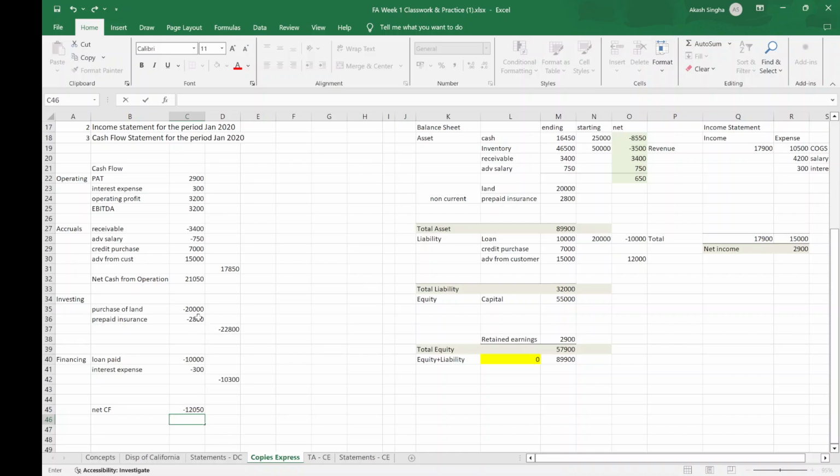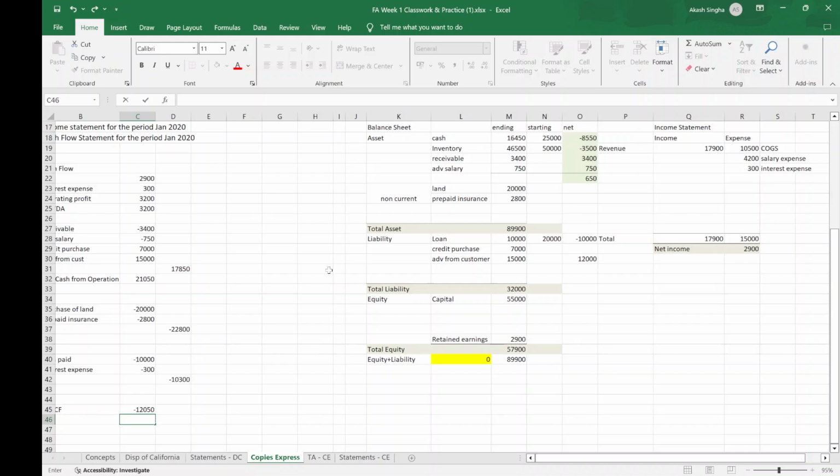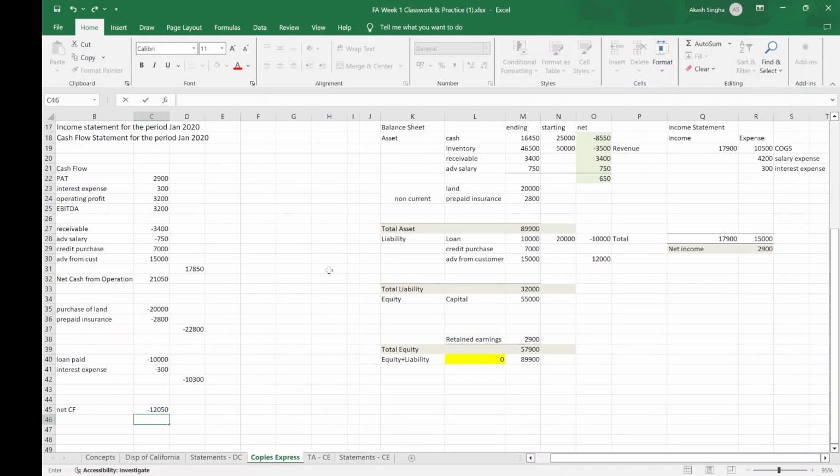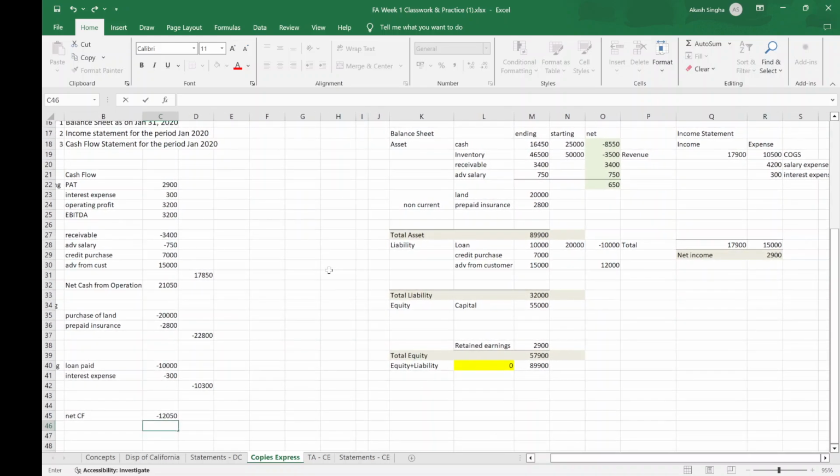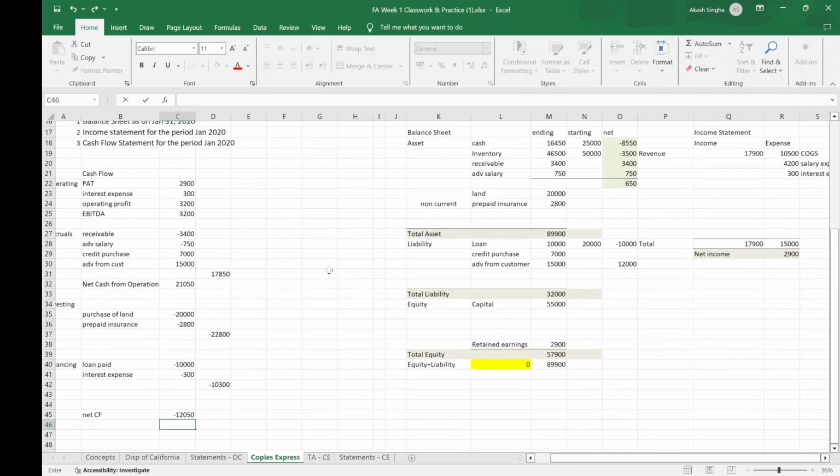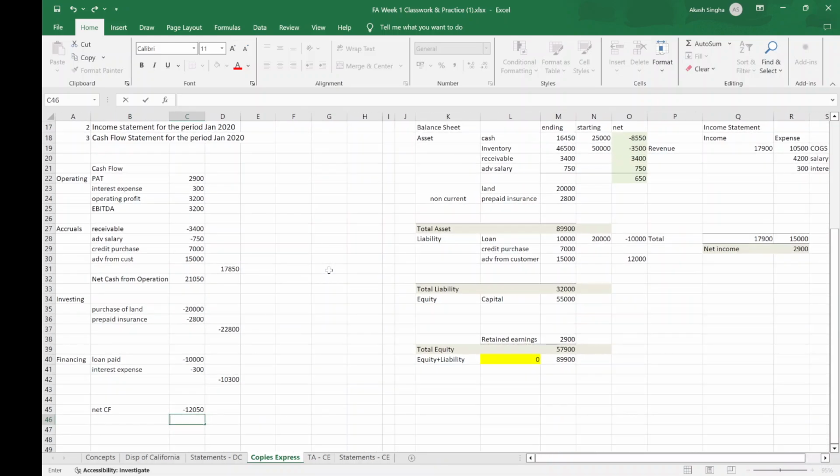Okay, salary, no, salary is added. Okay, let me check once. Cash added.